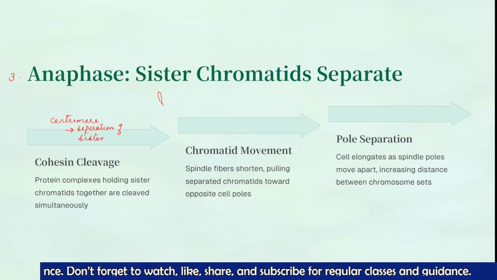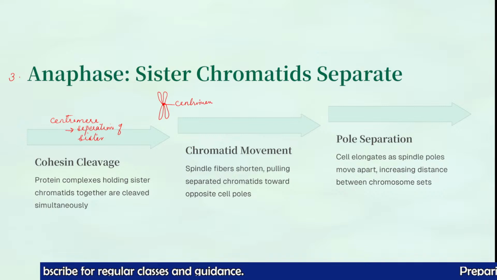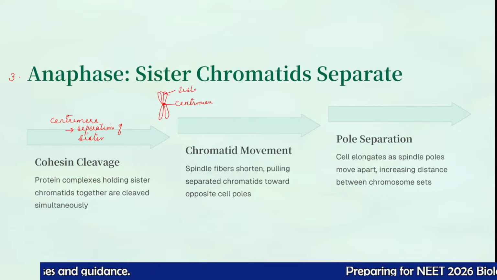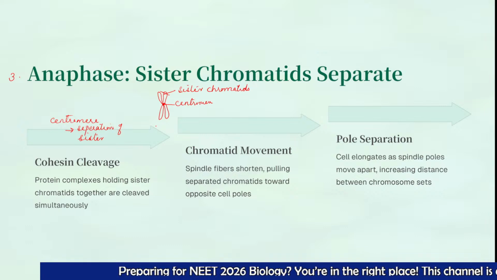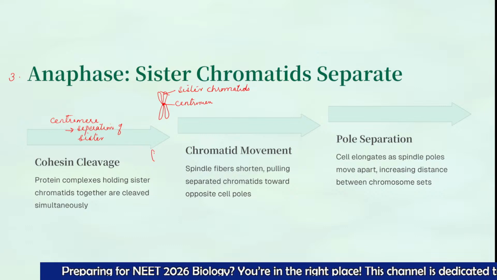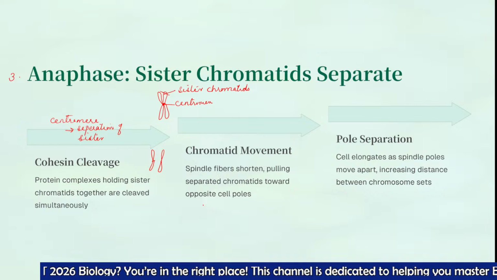That means the chromosome has two chromatids joined at the centromere, and these are the sister chromatids. So in the anaphase stage, the centromere splits and the two sister chromatids separate.